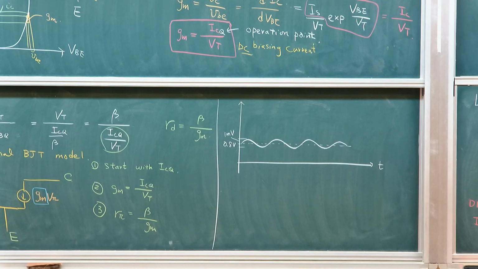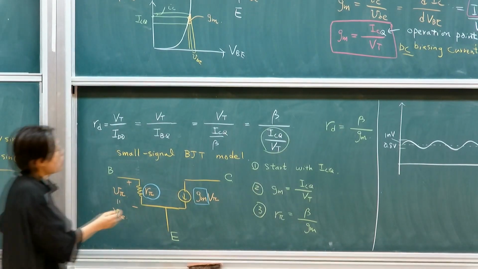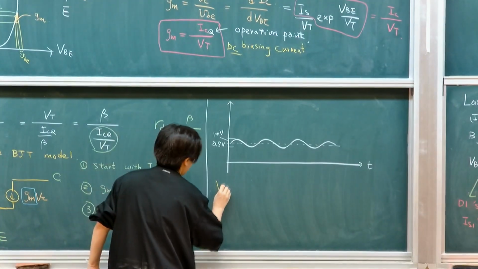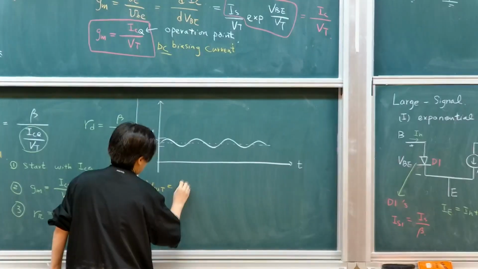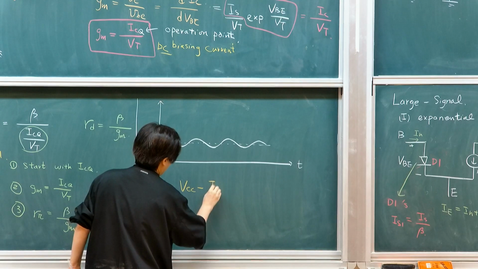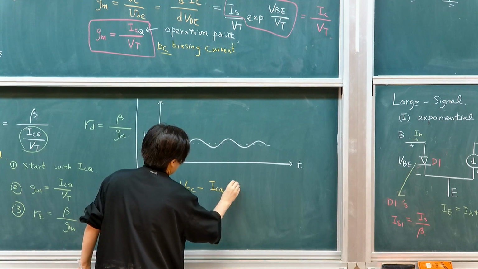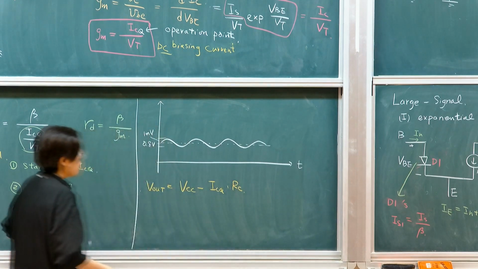I didn't actually find this. We need to find this, of course, Vout. What is your DC level at this terminal? So Vout, let me write it down. Vout is a DC component, so that would be VCC minus ICQ times RC.